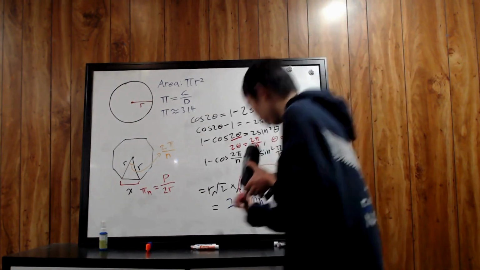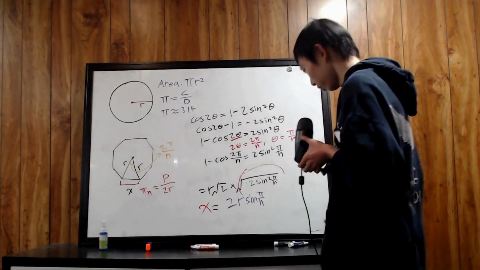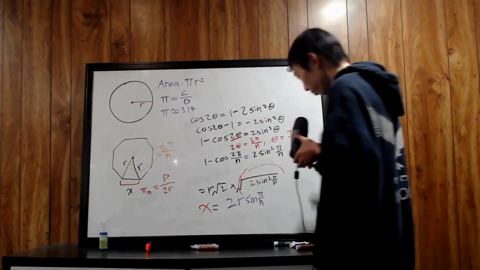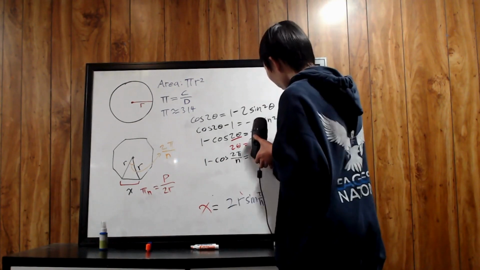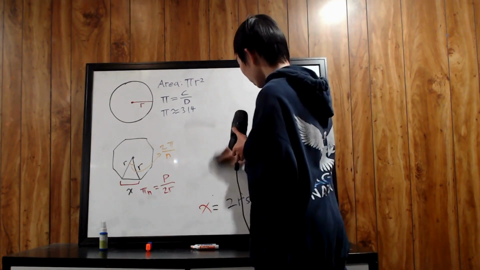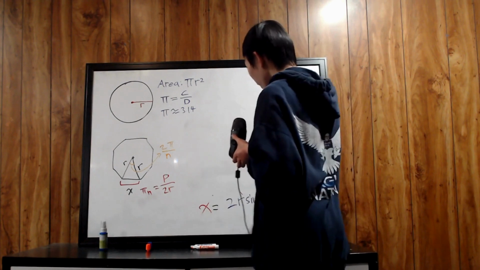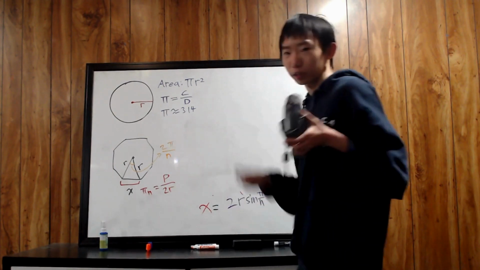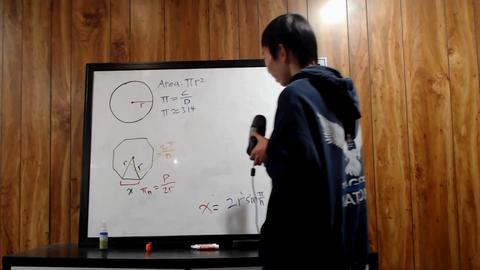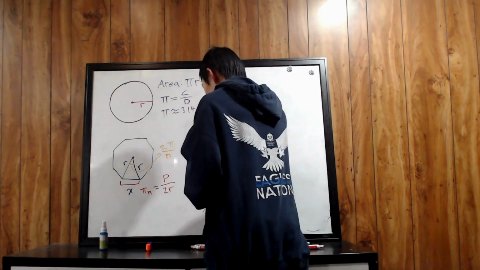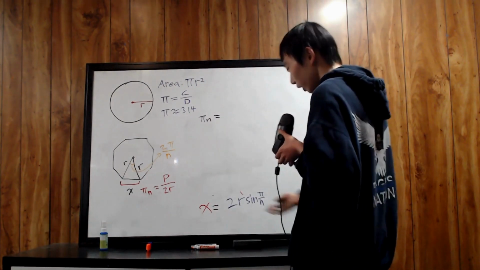So by the way, if you forgot, this is just equal to x. We simplified it all the way down to here. And now we're going to solve for pi n. We're going to get this regular polygon's pi. Okay, so we have pi n. This is equal to the perimeter. The perimeter is just n times x.